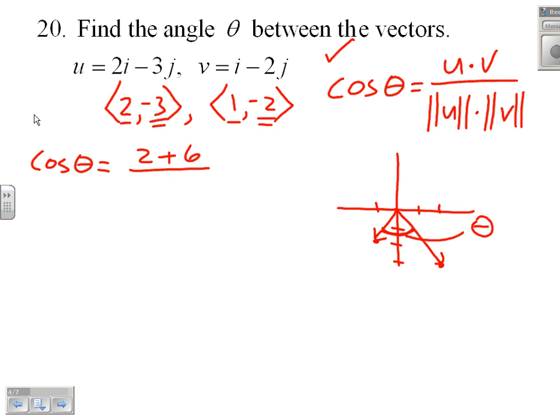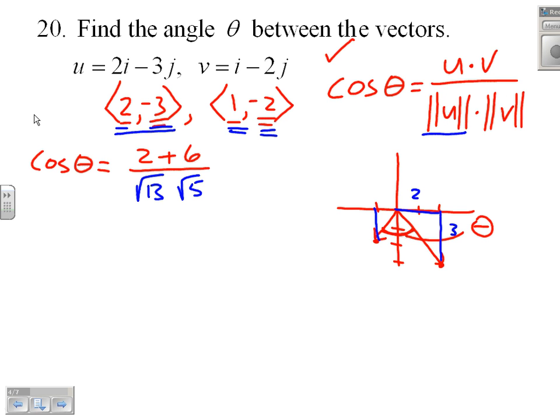But the magnitude is just our Pythagorean theorem, and it's really simple. We could do this without looking at the diagram. It's just this distance 3, this distance 2. So the magnitude of u, by the Pythagorean theorem, is 2 squared, 4, plus negative 3 squared, 9, 13, square root of 13. Magnitude of v: 1 squared, 1, plus negative 2 squared, 4, 1 plus 4, 5, root 5.